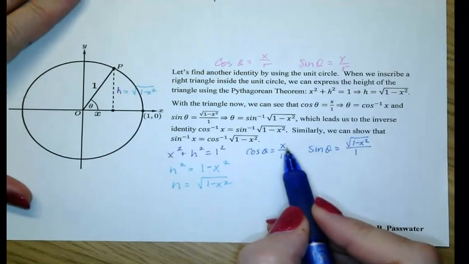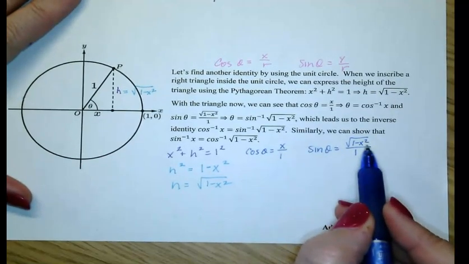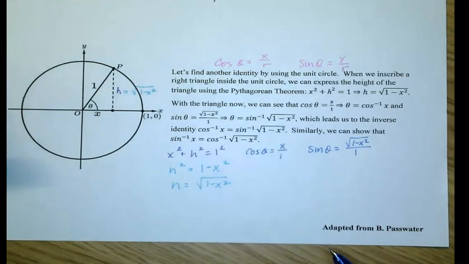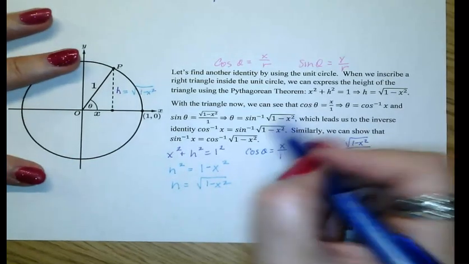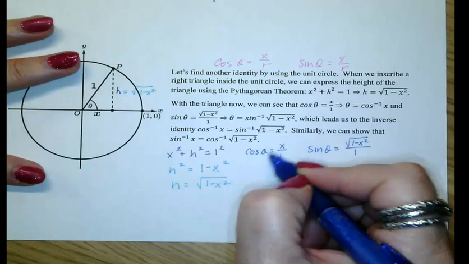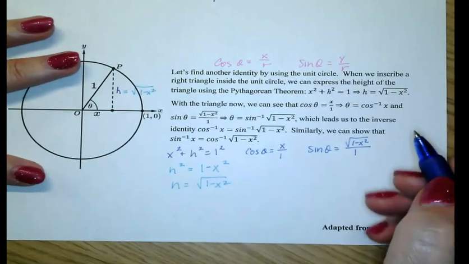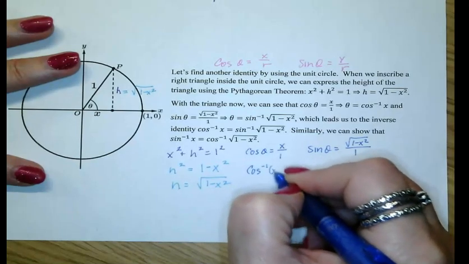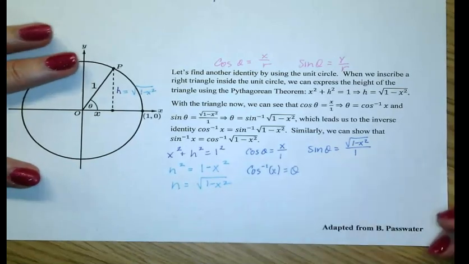So notice that they have x's in common, but this one has an x under the radical. They do have thetas in common. So if I can solve each one for theta, then I can use my substitution property and set them equal to each other. So if I want to get the theta out from inside the cosine, I'm going to do cosine to the -1 of x equals theta.